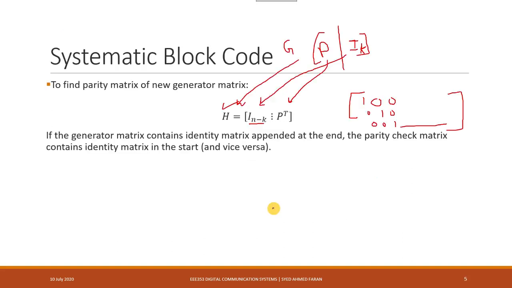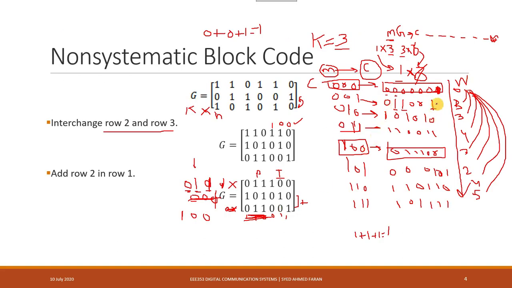Because we have already written the weights over here, the value of the minimum weight is equal to the value of the minimum distance of a code. So we do not need to calculate all these pairs of distances to see which one has the minimum distance. Luckily, the minimum weight is equal to the minimum distance between any two codes.